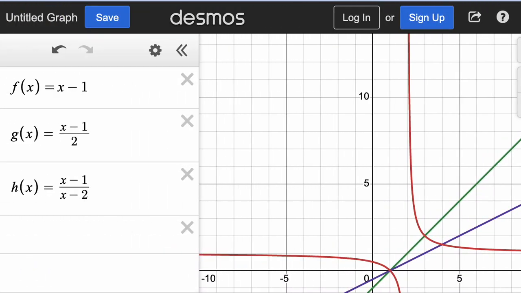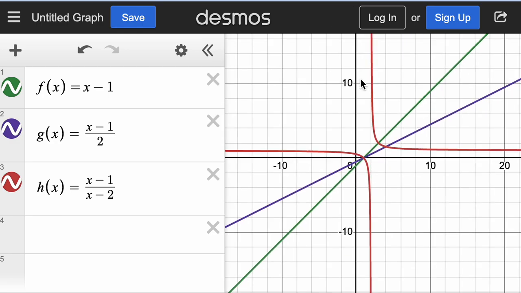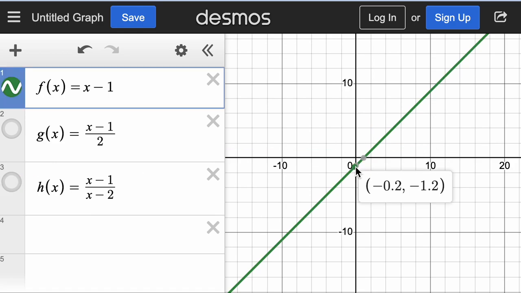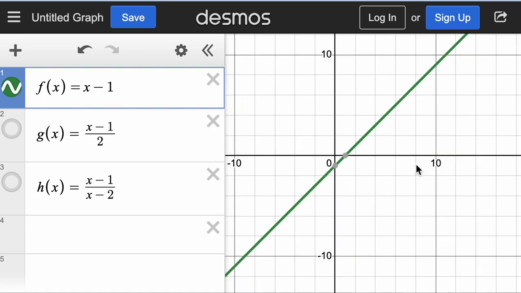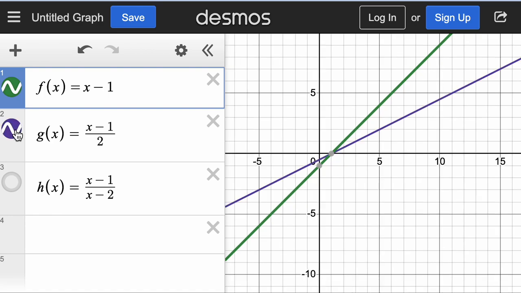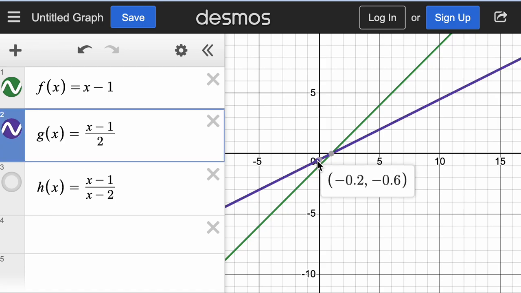I graphed it in Desmos. So our f of x is x minus 1, right? We start with the y-intercept of -1, and then the slope is 1, so you go up 1 over 1, up 1 over 1, and so on. g of x is (x minus 1) over 2, so you have negative 1 over 2 as your y-intercept, and then you have a slope of 1 over 2.